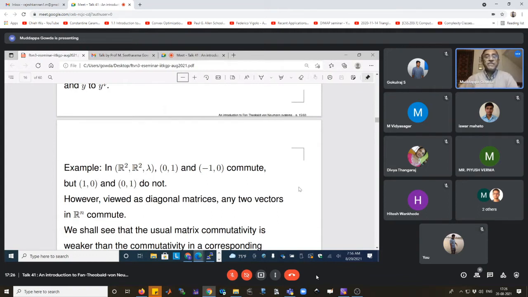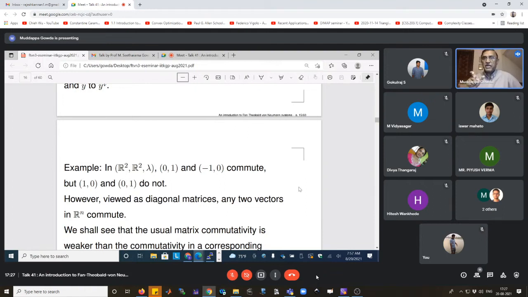For example, if I look at R2 with lambda, in this FTVN system, the vectors (0, 1) and (-1, 0) commute, because if I look at the inner product of these two, I get 0. If I rearrange them in decreasing order, (0, 1) becomes (1, 0), and (-1, 0) becomes (0, -1). Their inner product will also be 0. So the two inner products are the same. In other words, these two vectors commute. However, (1, 0) and (0, 1) do not commute in this FTVN system.